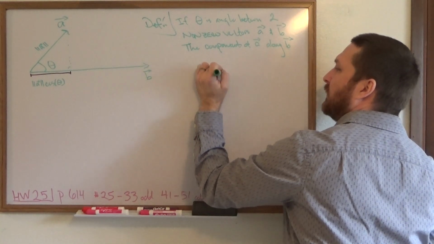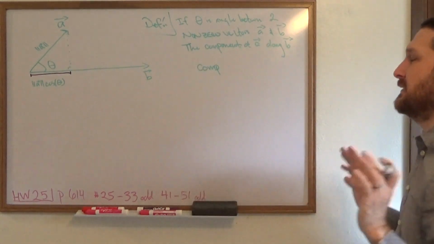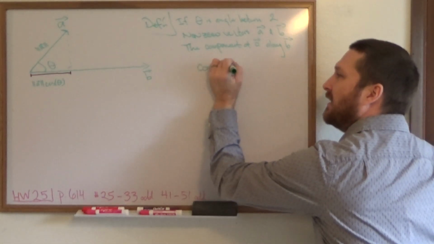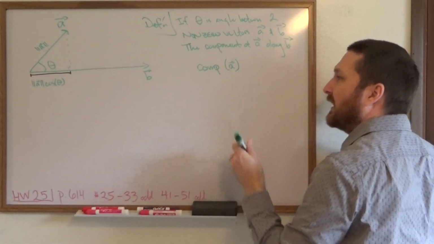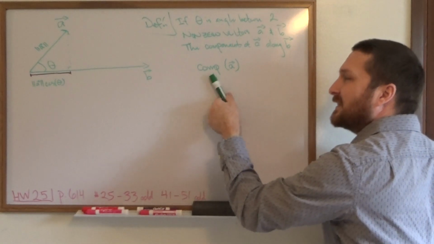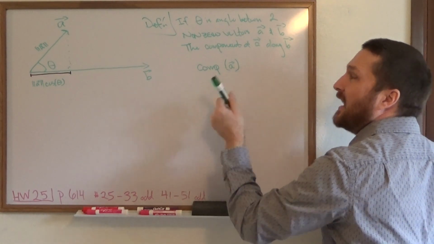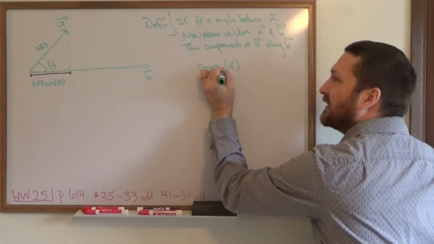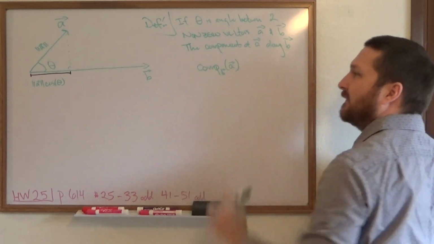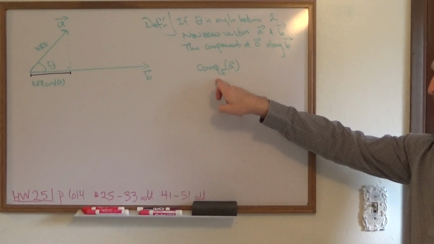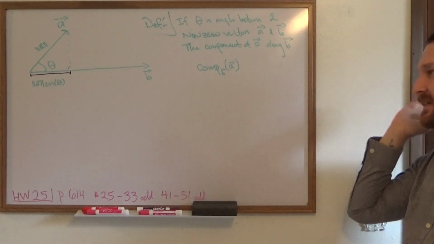And we have a nice fancy way of writing it. Now watch how I do this. This is how I like to do it. The component of A, kind of like how you write a function of x, of A, and then this is along B, with a little subscript B. This is standard.